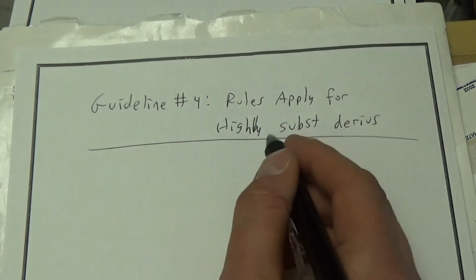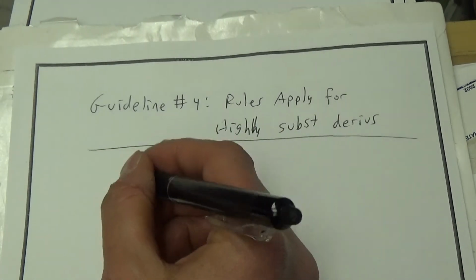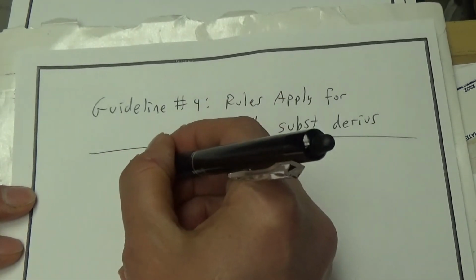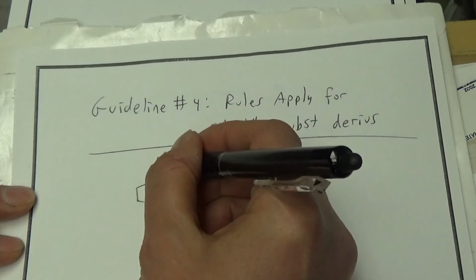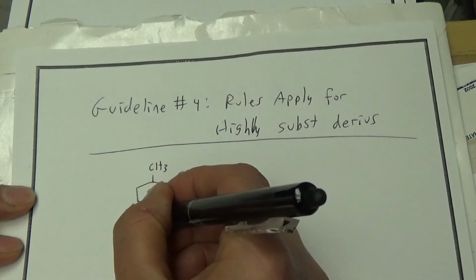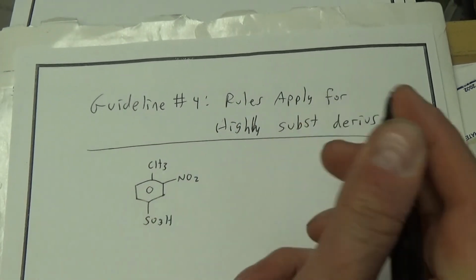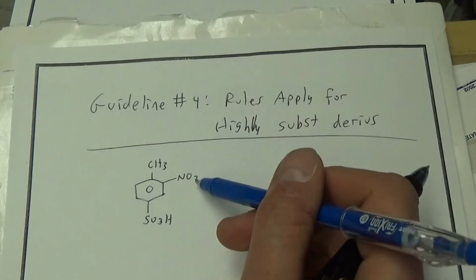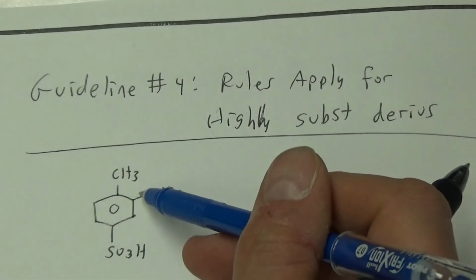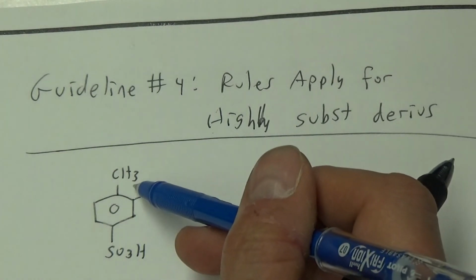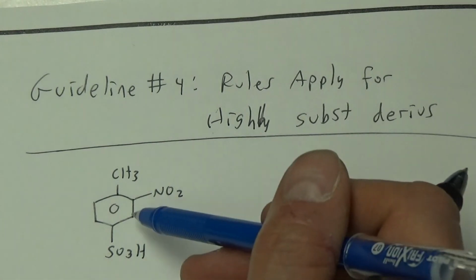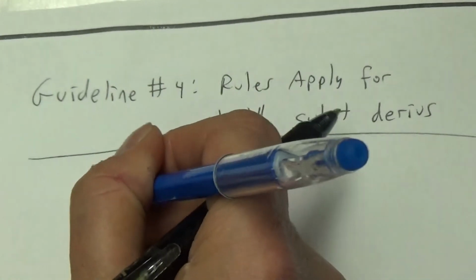When I say highly substituted, I mean a bunch of stuff on these benzenes. We'll even abbreviate the benzene as a circle at this point, it doesn't matter. Methyl, nitro, sulfonic acid. Okay, who's the greatest activator? Probably the methyl. And the methyl is an ortho-para director. It's saying, well, ortho's taken, para's taken, so where's it going to go? It's going to go to the other ortho. So that's pretty obvious, right?